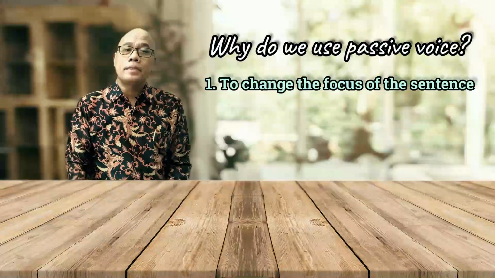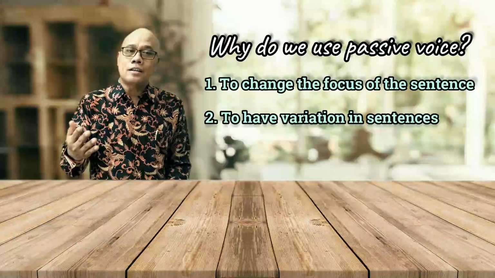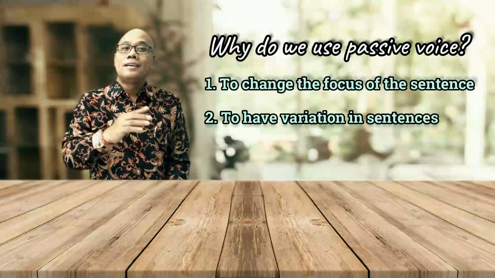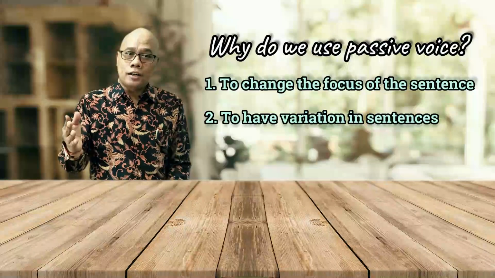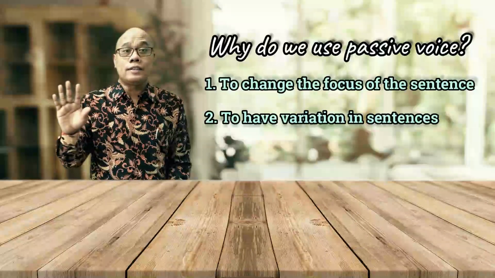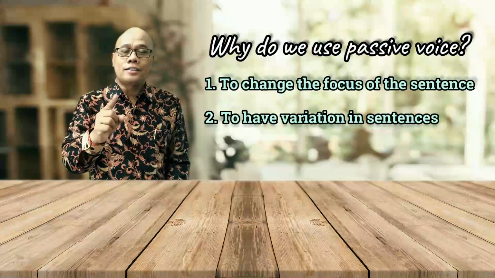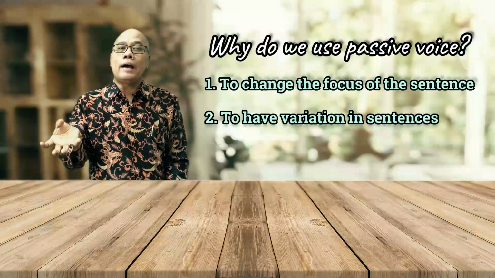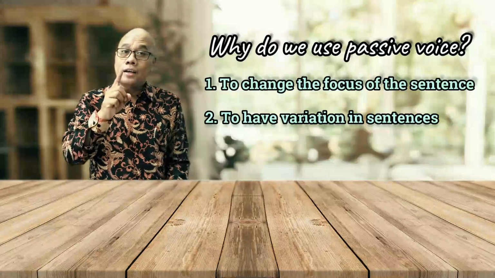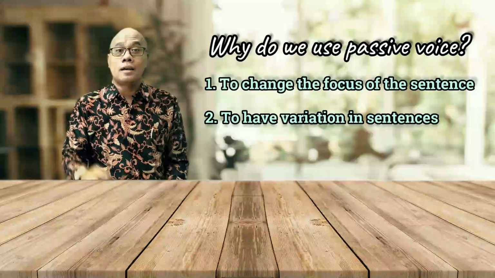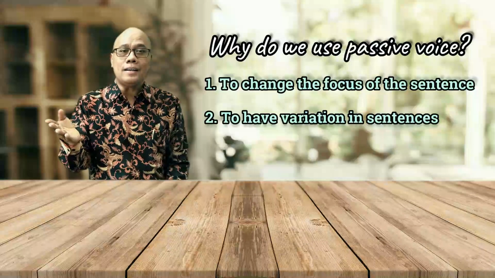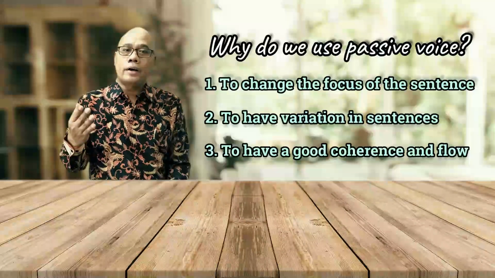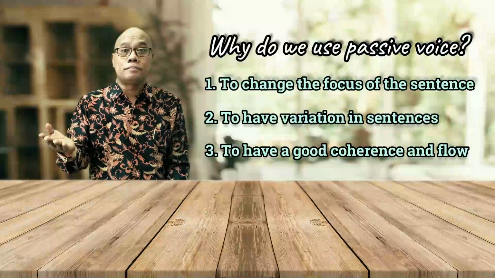Reason number 2, to have sentence variety, or variation in sentences. Imagine that when you write an article, you make it all active sentences; your article will be very boring. So we need to have variation of sentences, and using passive voice is the way. Alright? So reason number 3, to have good coherence and flow.